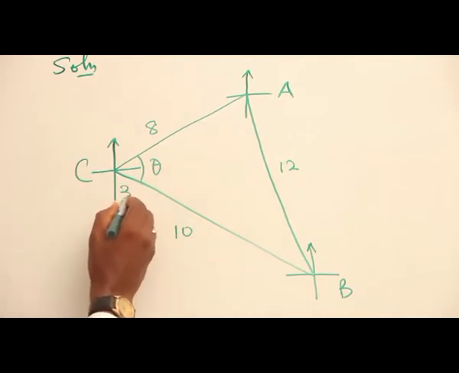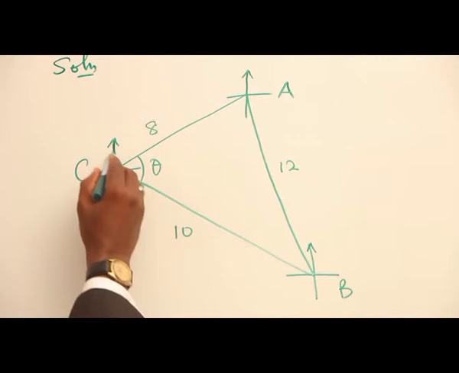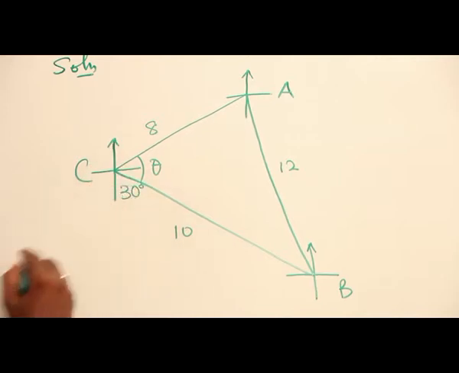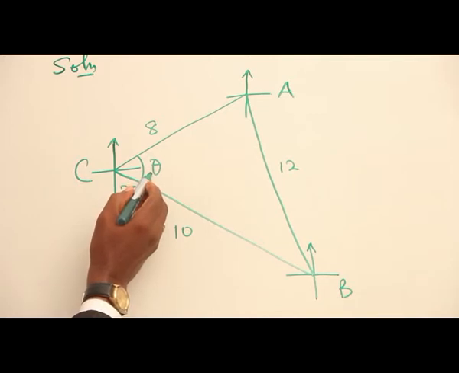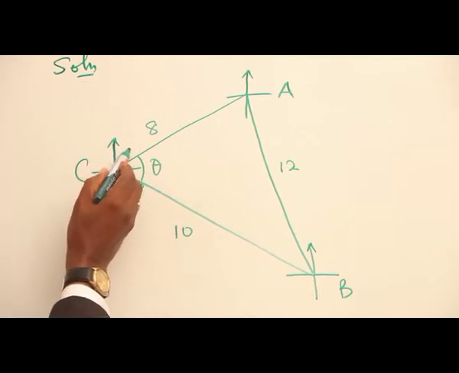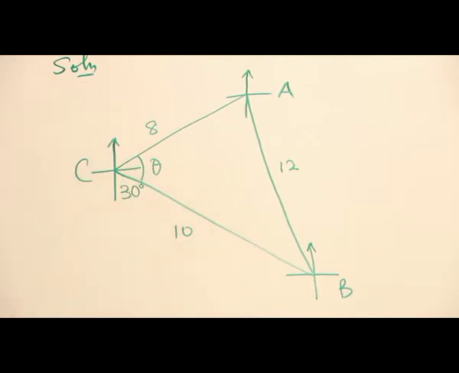Recall that this angle here is 30 degrees because from here to here is 150. The remainder is 30 degrees. So if I calculate theta, then of course I will have gotten the bearing of A from C by subtracting theta and 30 degrees from 180, or simply subtracting theta from 150 degrees.